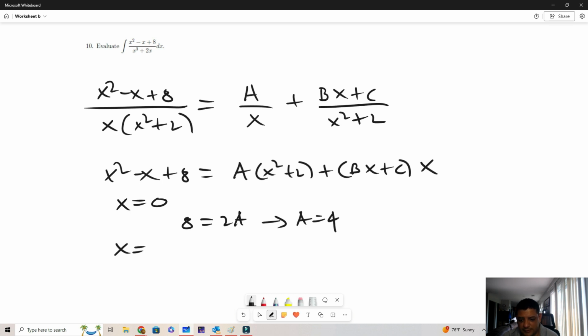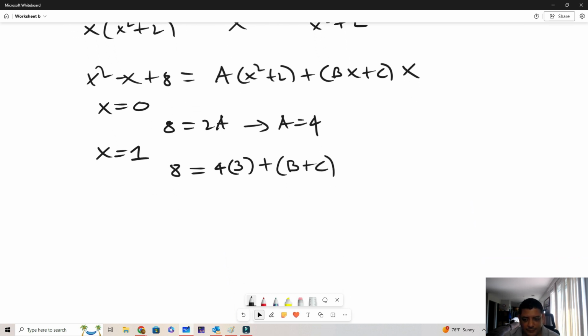If I do x equals 1, then I get 1 minus 1 is 0, and I get 8 is equal to A times 3 plus B plus C. So I get one equation in there. And I want to give another value that makes this simple.